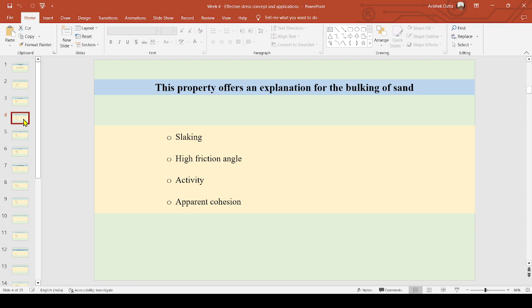The options are slaking, high friction angle, activity, or apparent cohesion.